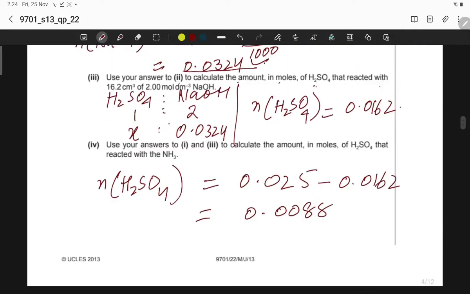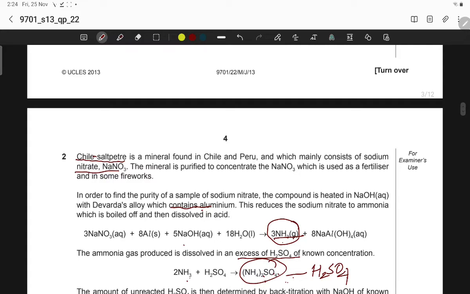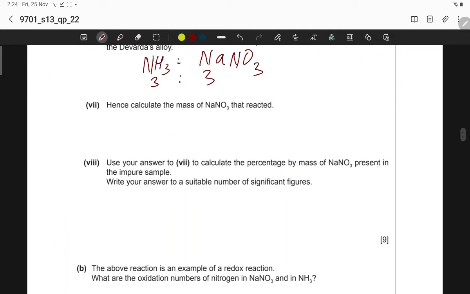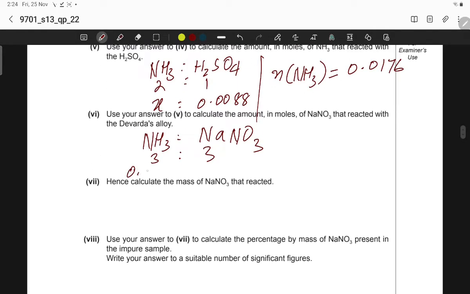From the chemical equation we know that 3 moles of sodium nitrate, with this Devarda's alloy, react with sodium hydroxide to produce 3 moles of ammonia. We know 0.0176 ratio x, so the moles are the same.